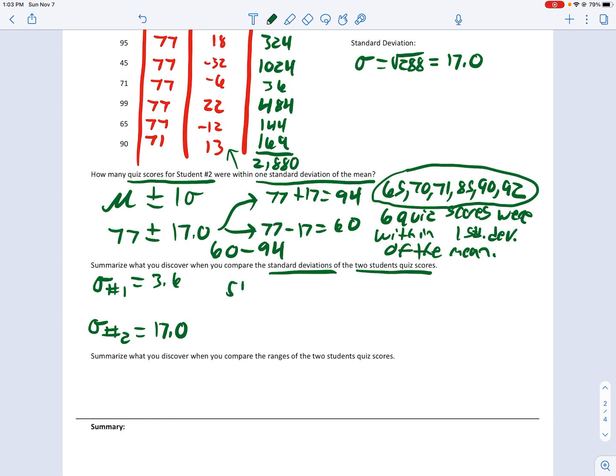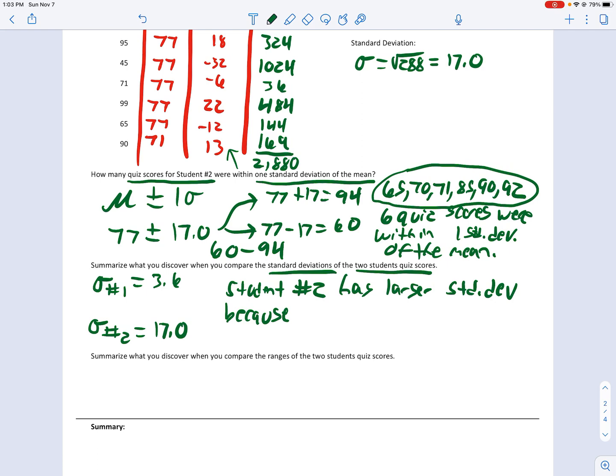Student number 2 has a larger standard deviation. Why do they have the larger standard deviation? Why is their number bigger than student 1? Because standard deviation is how far the data is spread out.